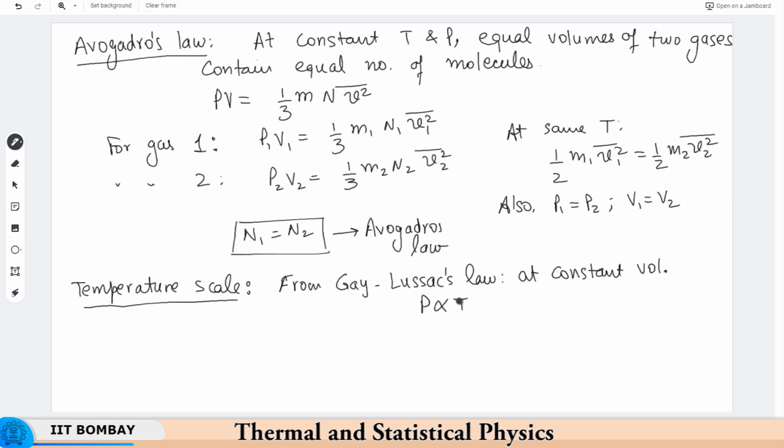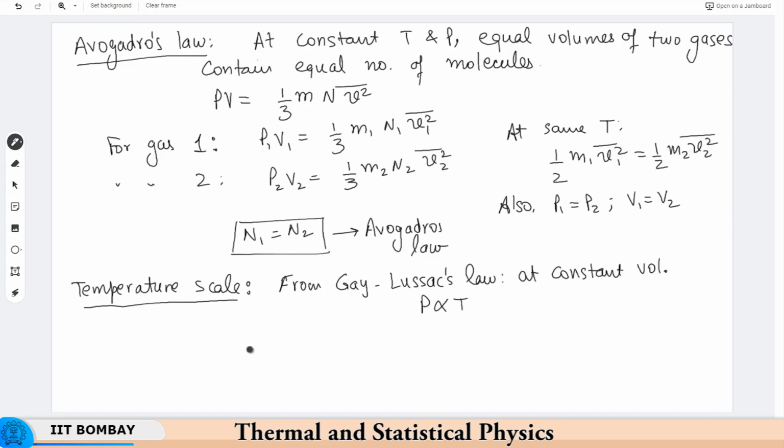And this is actually quite convenient, because if you want to determine the temperature of a gas, you can just do a quick experiment by keeping the volume of the gas constant and just measure the pressure, and that will give you a measure of the temperature, right.